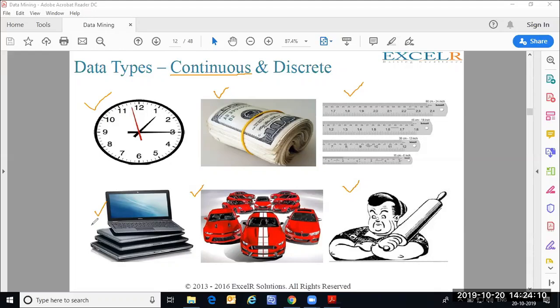We cannot have a value somewhere in the middle of these two classes. It has to be either yes, he is going to default, or no, he will not. These kinds of data types are called discrete data types. The variables which hold whole numbers or different classes of values are treated as discrete data types.